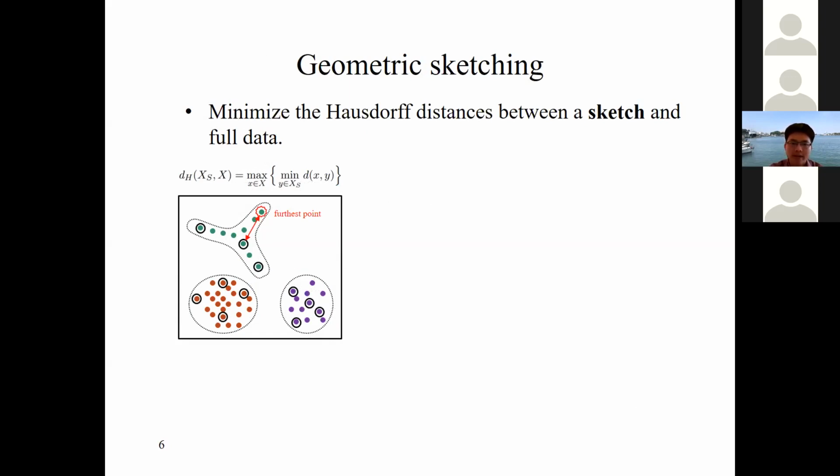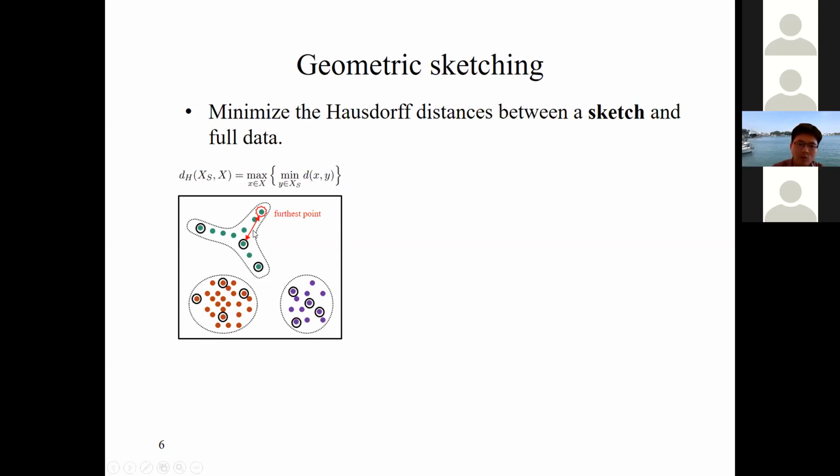So let's take one example here. The cells in the sketch are marked with black circles, so the red point here does not belong to the sketch. The Hausdorff distance is defined to be the distance from the farthest point here to the sketch. If this is small, then the distance from any other point to the sketch is small as well, because this is the upper bound.